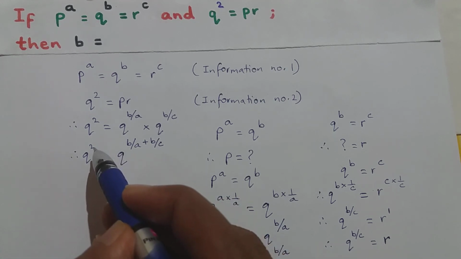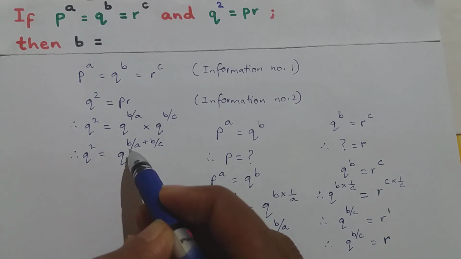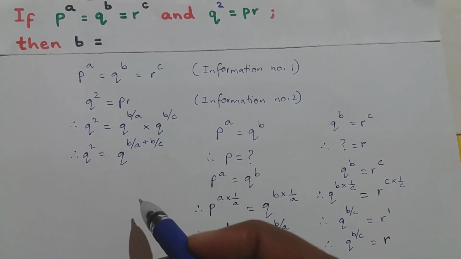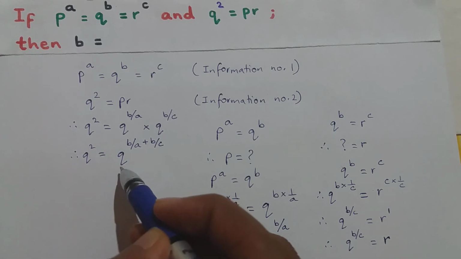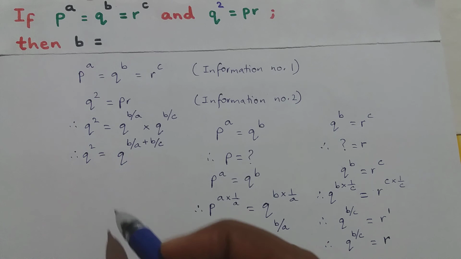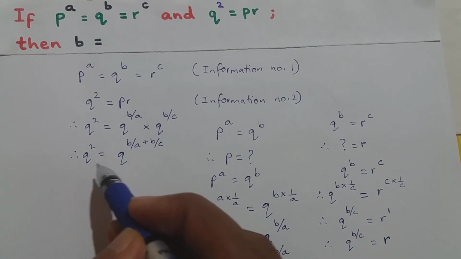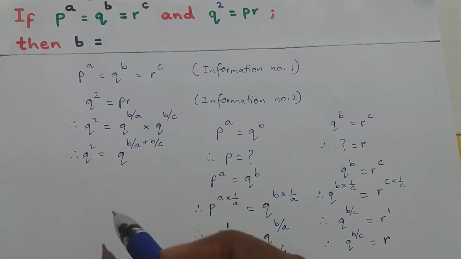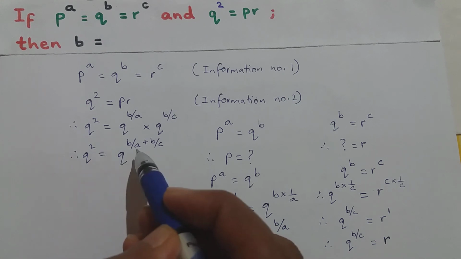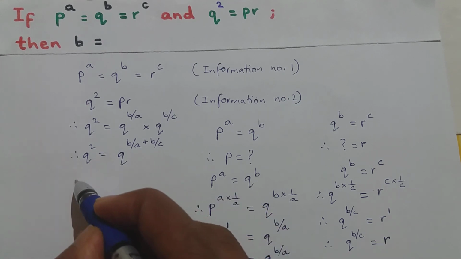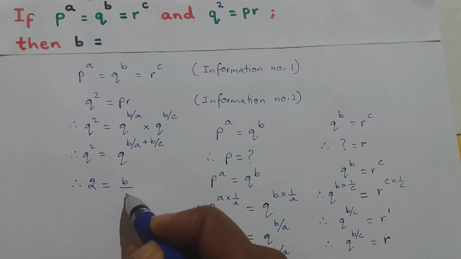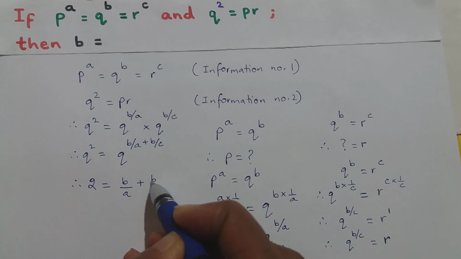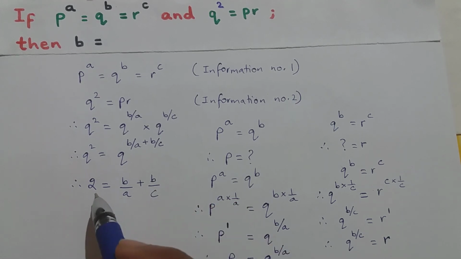So I can say that 2 is equal to b by a plus b by c, because the bases on both sides are the same.